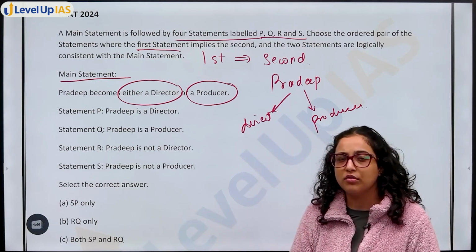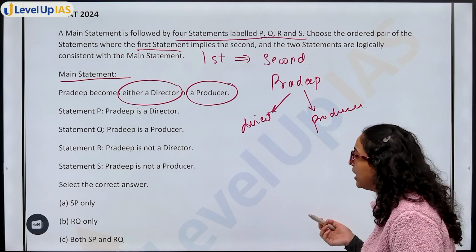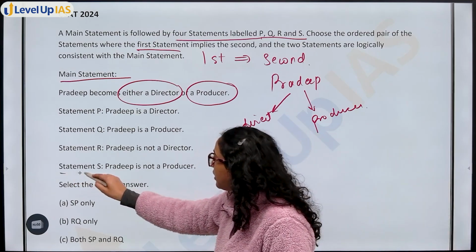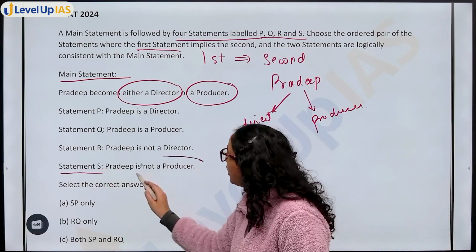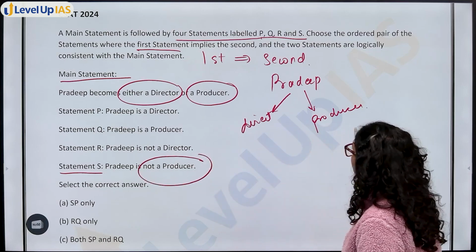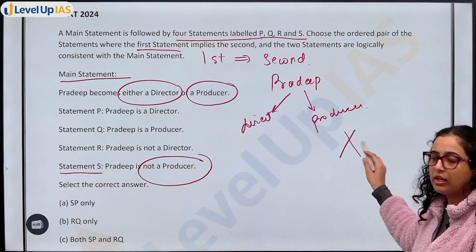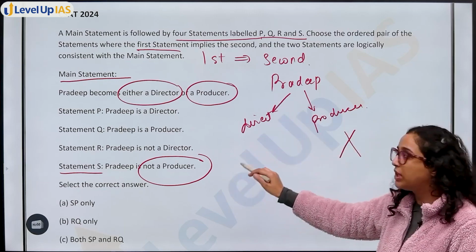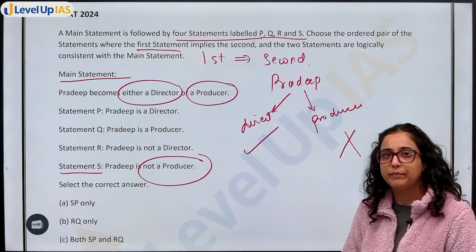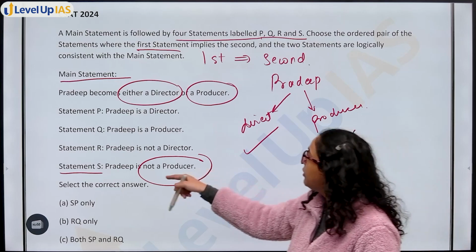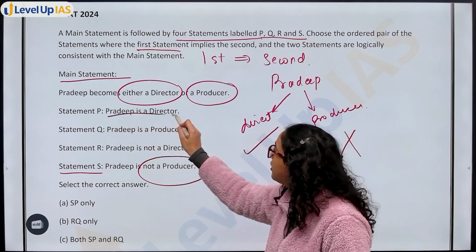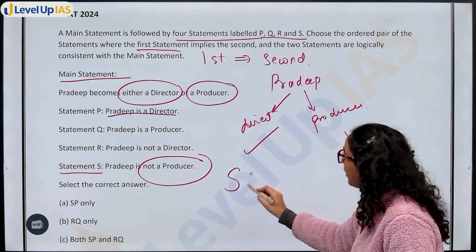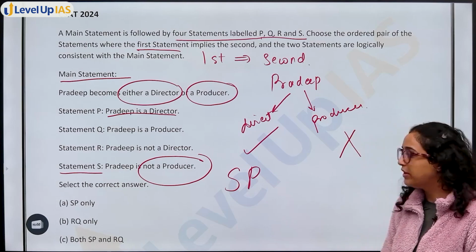If you don't want to see from the options, you can analyze like this. What is statement S? Pradeep is not a producer. That means if Pradeep is not a producer, if I have a cross here, what will Pradeep be? Pradeep will be a director. This is true. Pradeep is a director. That means S is followed by P. Right?